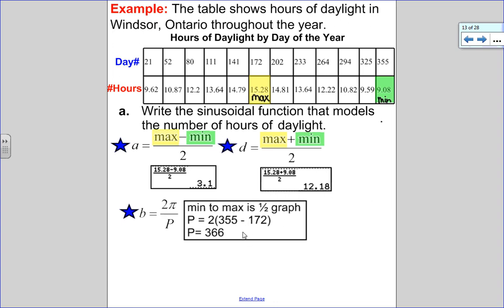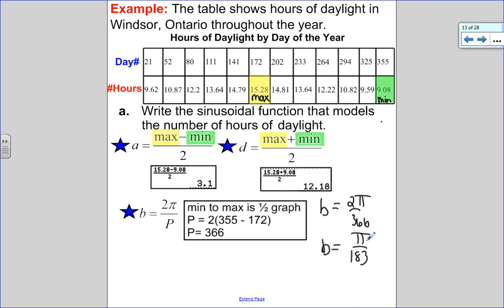You'll see that I doubled the difference between 355 and 172 and got a period of 366 days. So if that's my period, my b value is going to be 2 pi divided by my period. And in lowest terms, that'll be a b value of pi over 183. So I've got my a, d, and b.